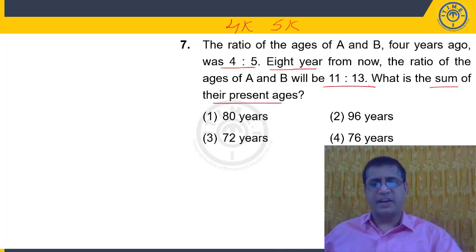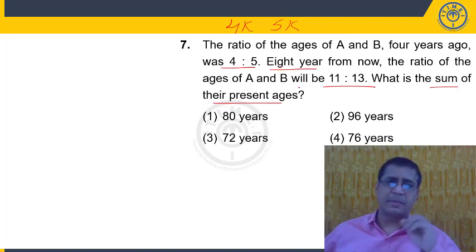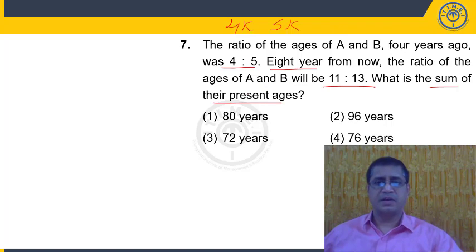Just look at the data and try to solve this. 4 years ago, the ratio of their ages was 4:5. 8 years from now means after 8 years, it will be 11:13. Then the sum of the present ages.